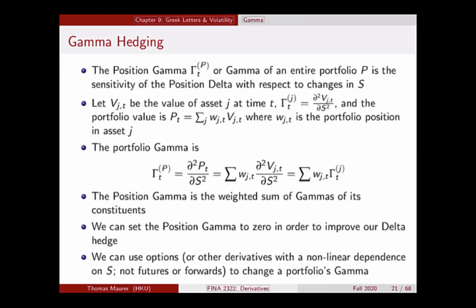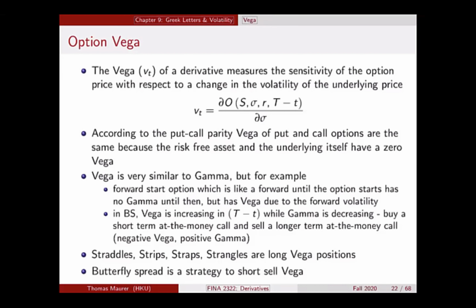The option Vega is measuring how much the option price changes as the volatility of the underlying asset changes a little bit.